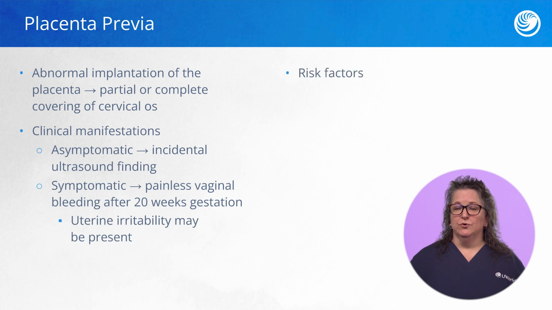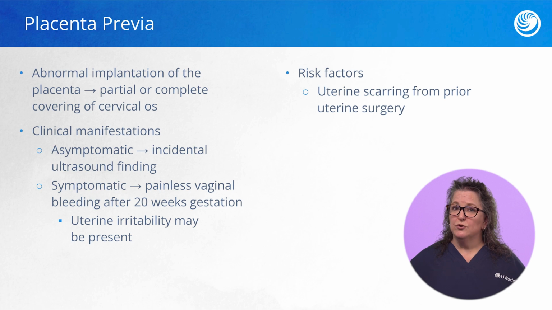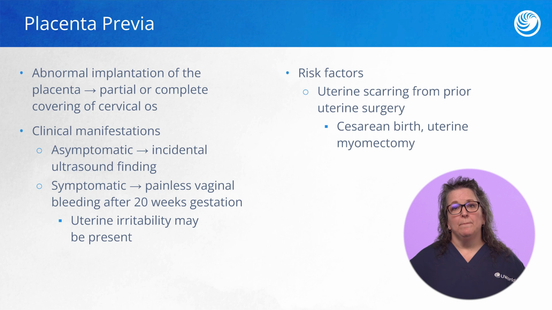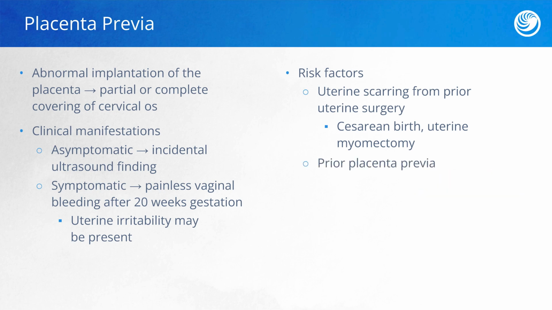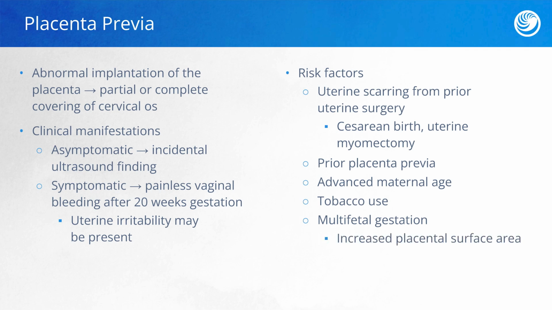Risk factors include uterine scarring from prior uterine surgery, like a cesarean birth, or uterine myomectomy, in which fibroids are surgically removed from the uterus. Prior placenta previa, advanced maternal age of older than 35 years, tobacco use, multifetal gestation because there is increased placental surface area resulting in increased risk for abnormal implantation.